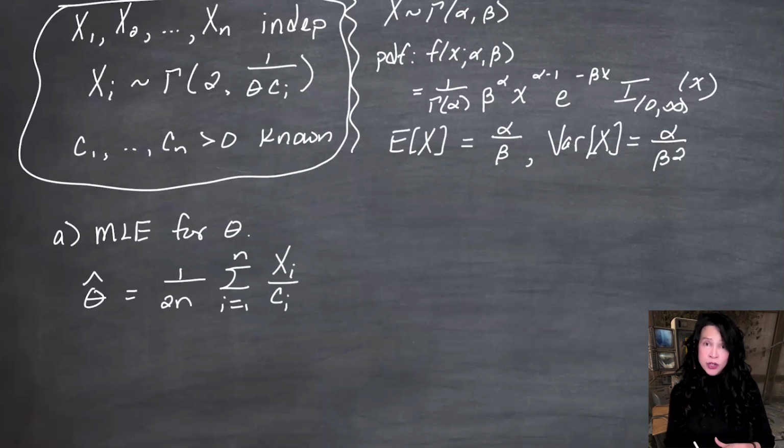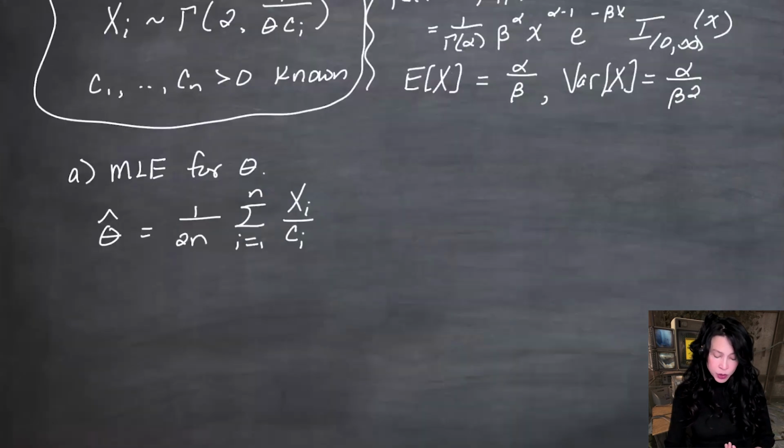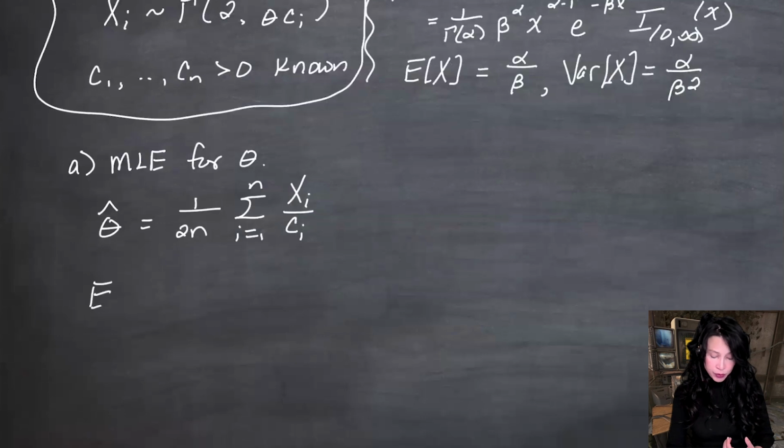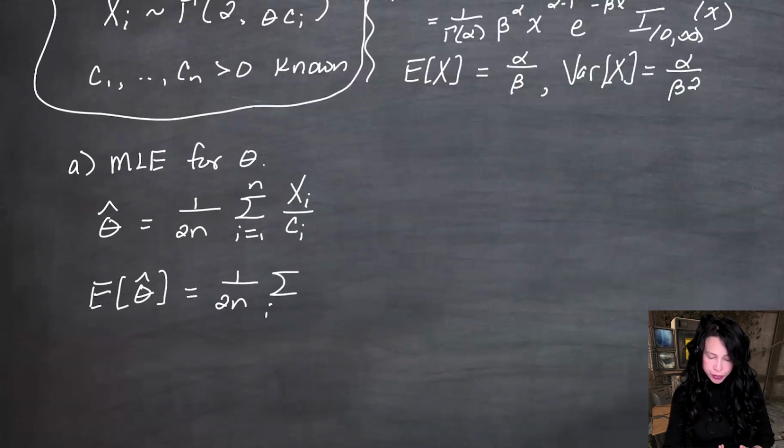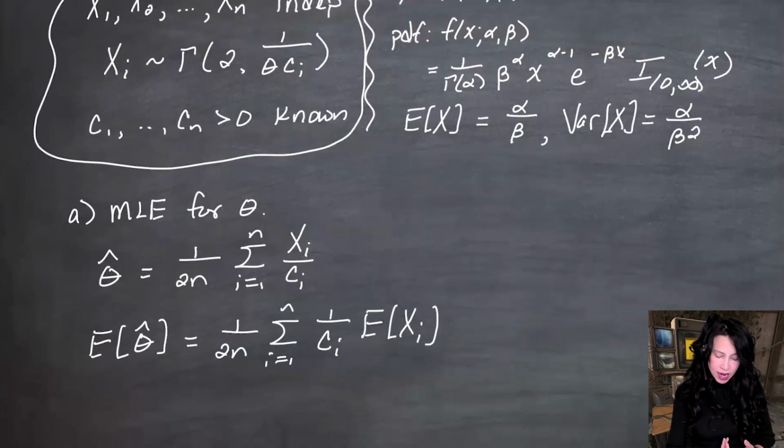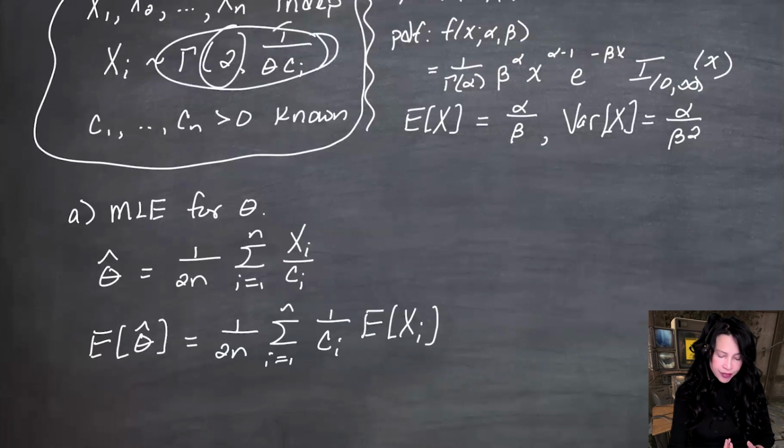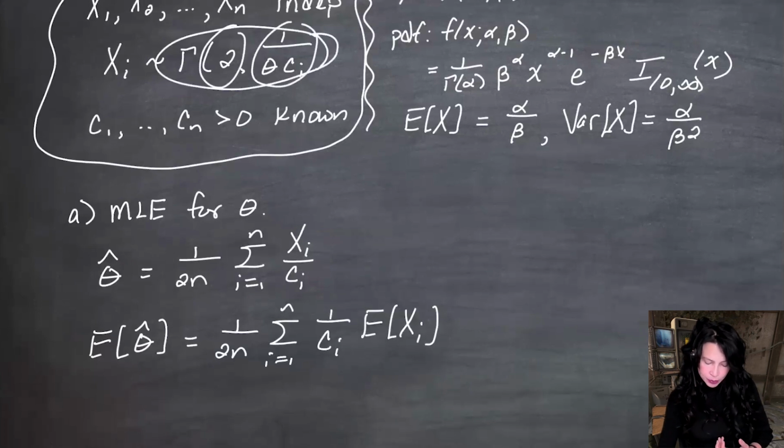Although MLEs are in general not unbiased estimators, this one is an unbiased estimator, because if you look at the expected value of this, you can pull out the 1 over 2n, you can pull the expectation through the sum, and you can pull the 1 over Ci outside of this expectation. The expectation for us, using this as alpha and this as beta, is going to be alpha over beta, which is going to be 2 theta Ci.